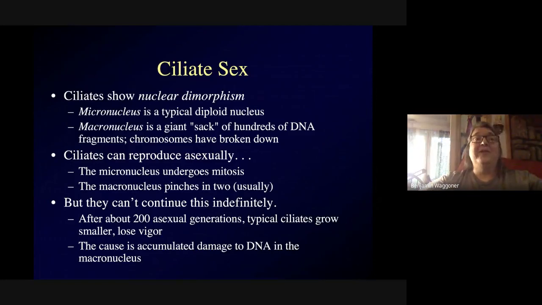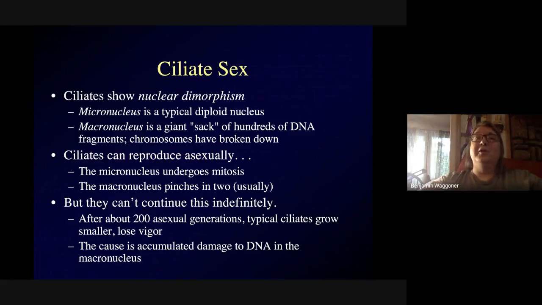Same kind of thing can happen with DNA if you never have any sexual recombination. You've got to fix DNA damage somehow, and having sex is a good way to fix DNA damage. Let me put that a slightly better way. The point of sexual reproduction is genetic engineering.